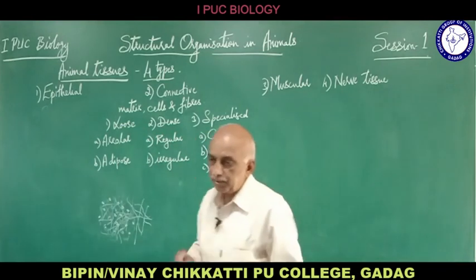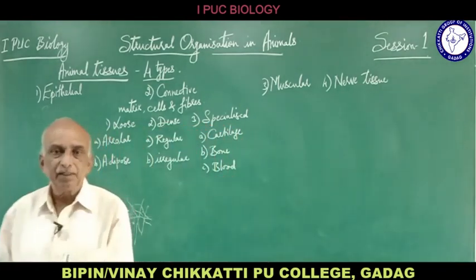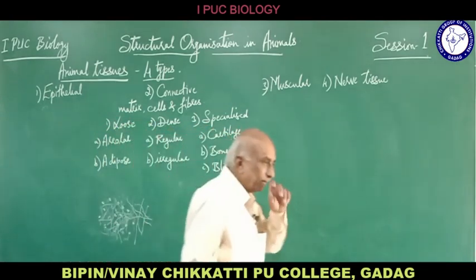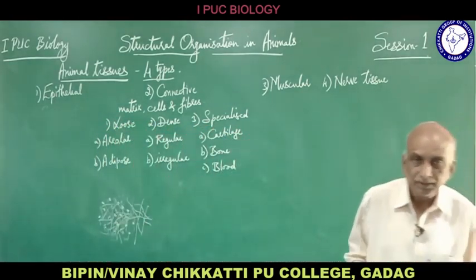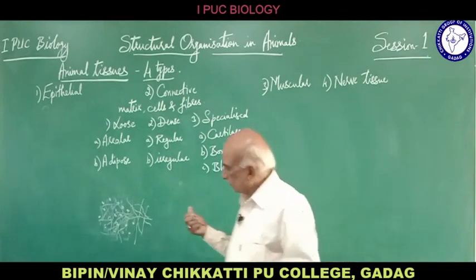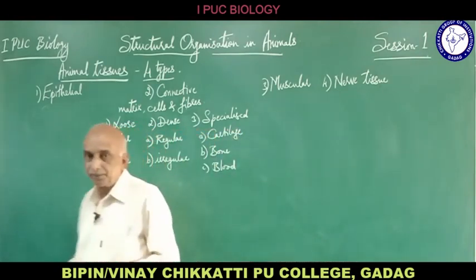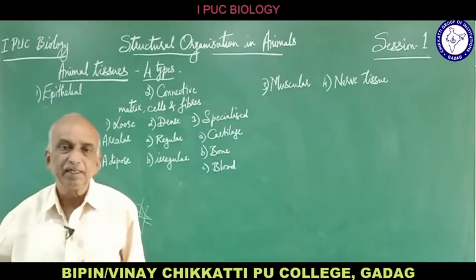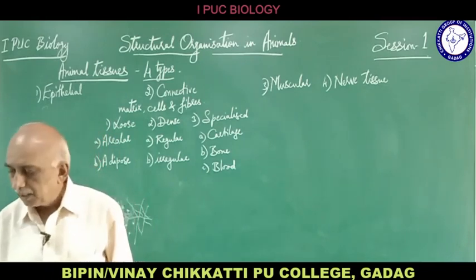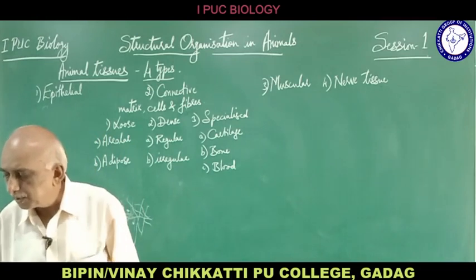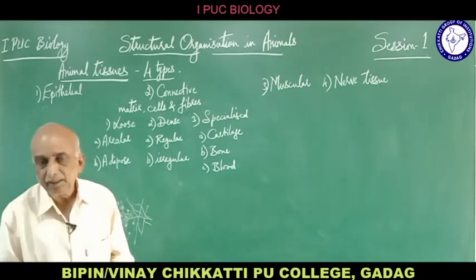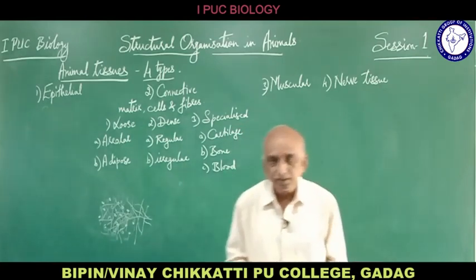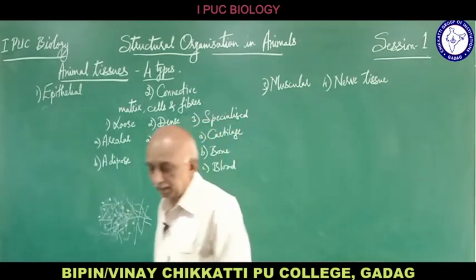Now the adipose tissue is a modification of the areolar tissue. In adipose tissue, which is also called the fat tissue, there is abundant storage of fat. So there is reserve fat present in the adipose tissue, and this adipose tissue is present in the wall of the heart and also the wall of the kidney. So it is a protective tissue.